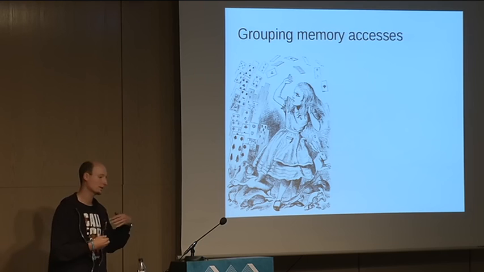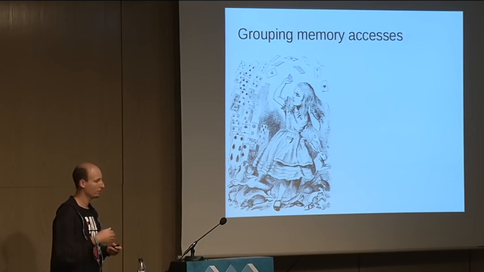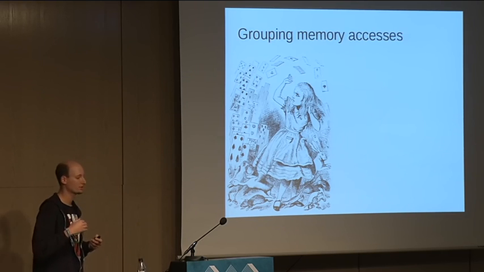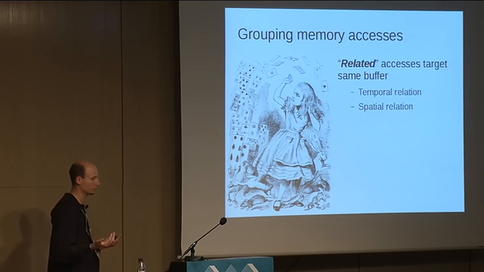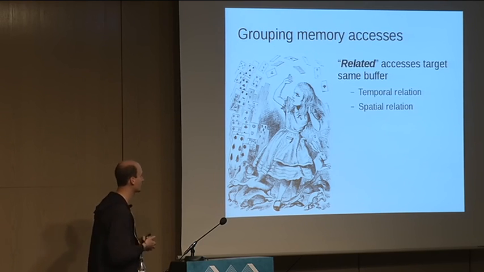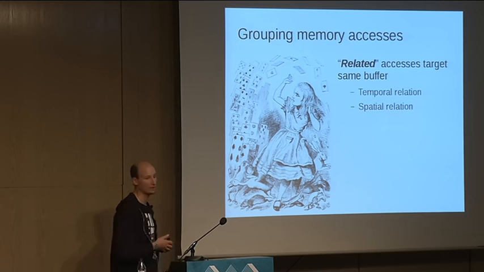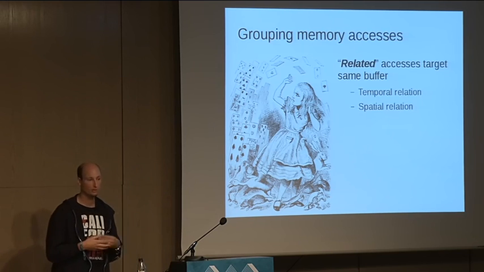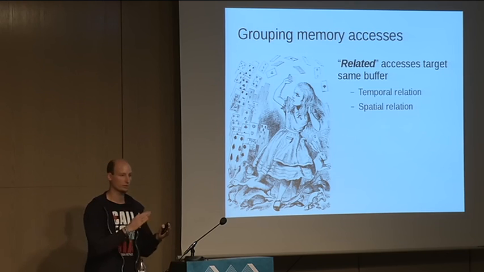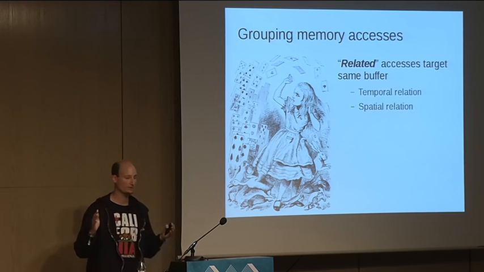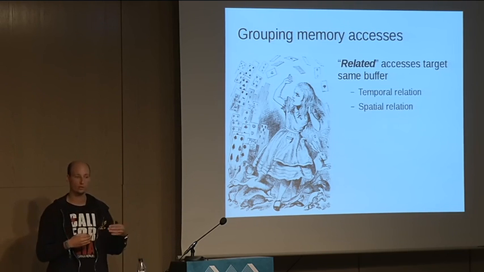And we do this using a hierarchical concept where we have different levels and categories of buffers. So related memory accesses target the same buffer. There's maybe a temporal or a spatial location. Temporal according to the access log of memory access that we have, or spatial according to the code that we have.